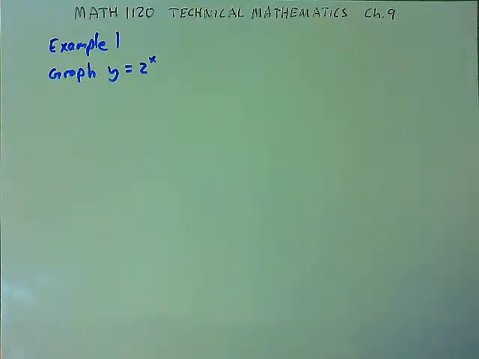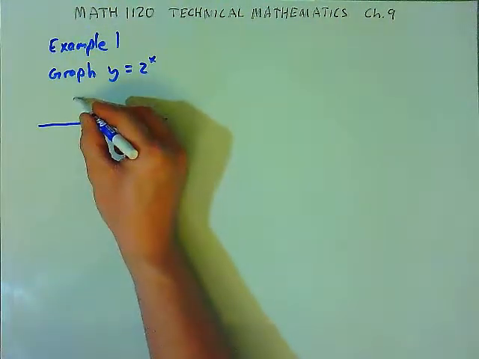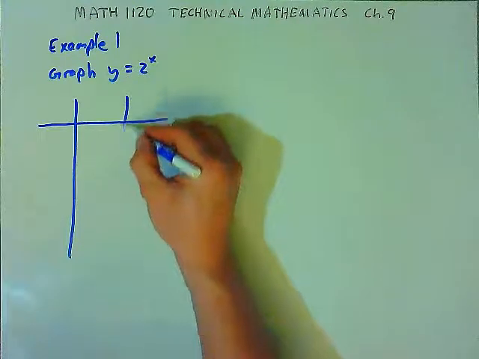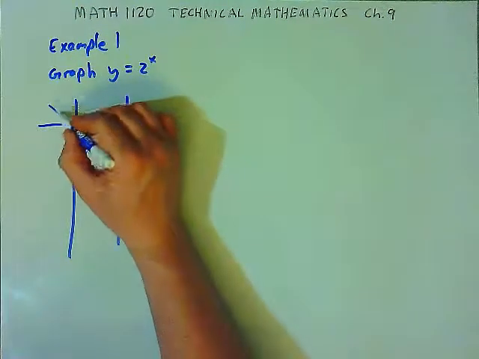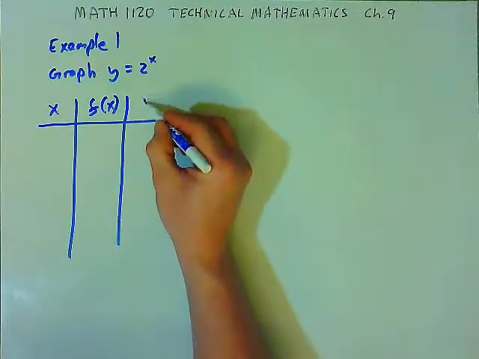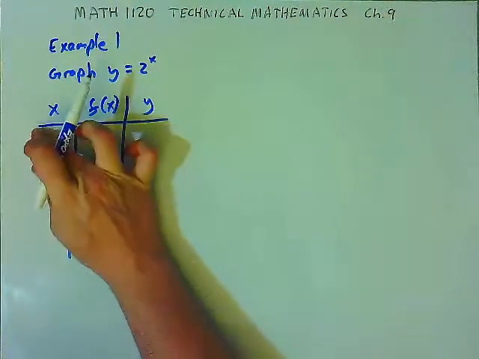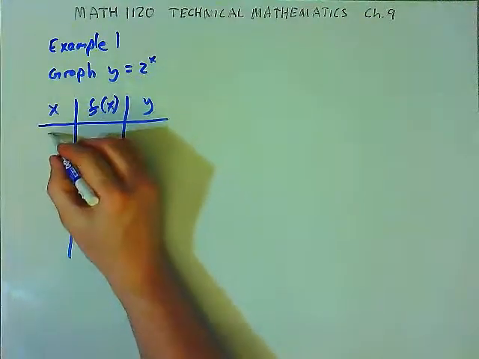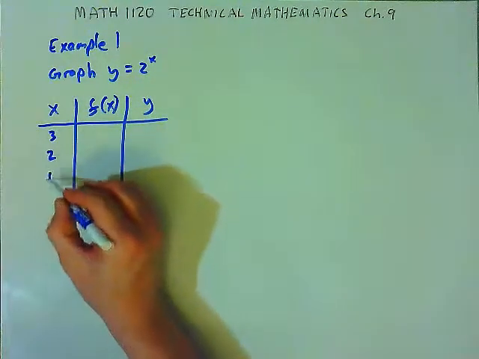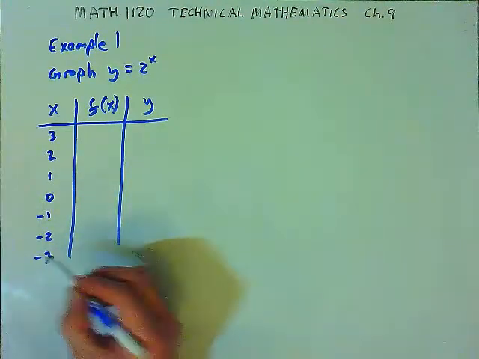This is example 1. It says graph y equals 2 to the x power by plotting points. And so what they want us to do is same thing we did just a second ago, which is to say that we have some values for x, we have a function of x, and we have some values for y. And so let's let x be equal to 3, 2, 1, and 0, and -1, and -2, and -3.